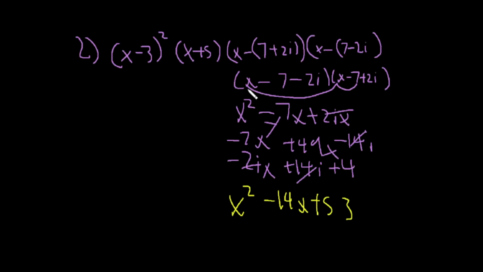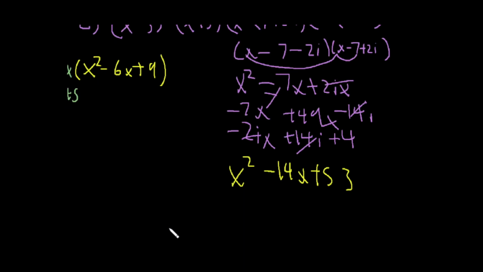And on the other side, we have x squared minus 6x plus 9 times x plus 5.